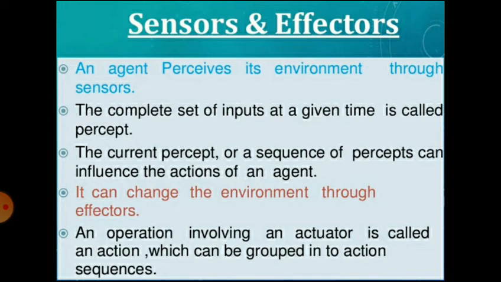Then we will see what a percept sequence is. A percept sequence is a complete history. The agent's percept sequence is the complete history of everything the agent has ever perceived, that is, what the agent has perceived in the past.